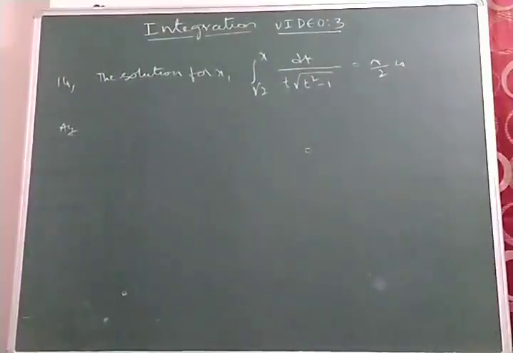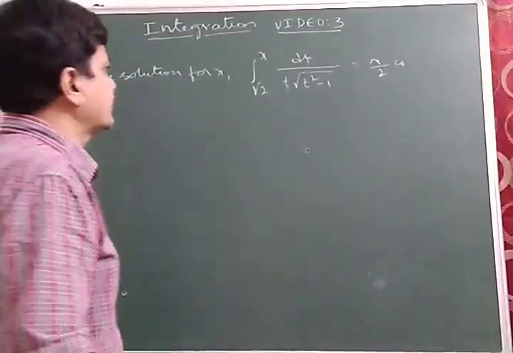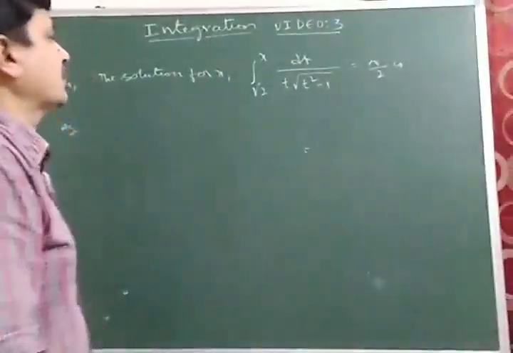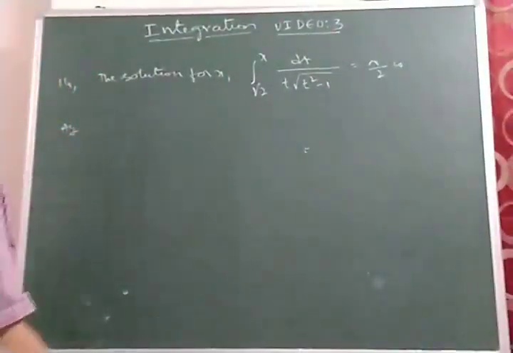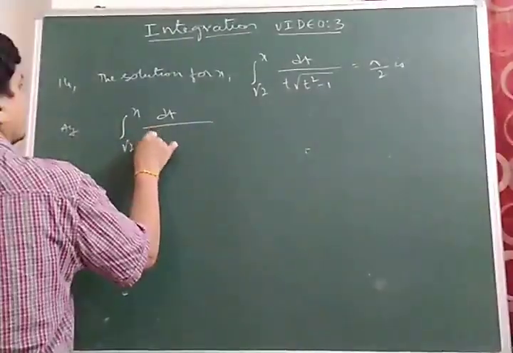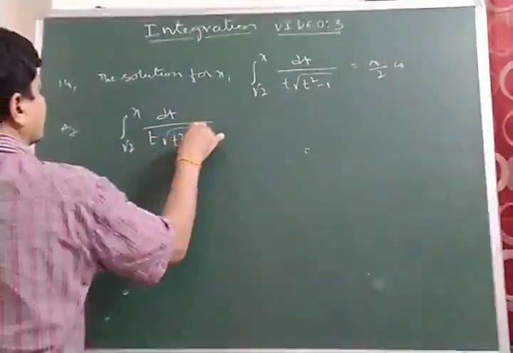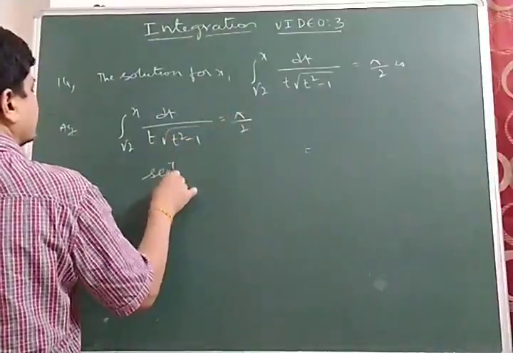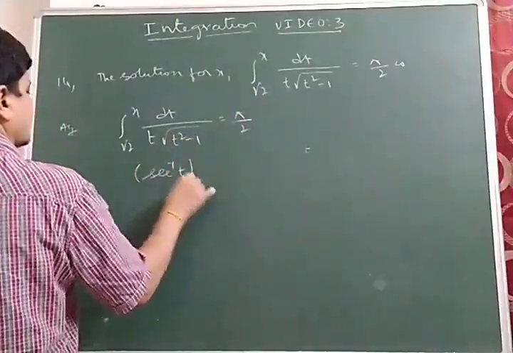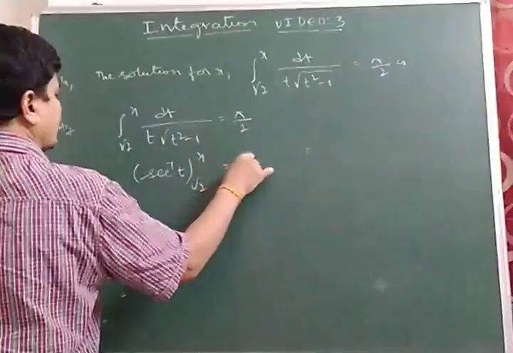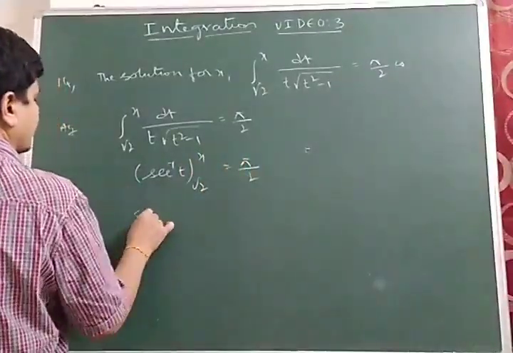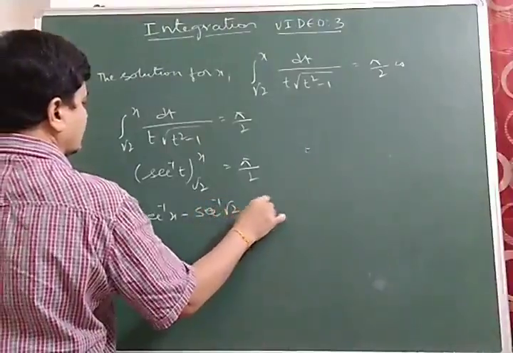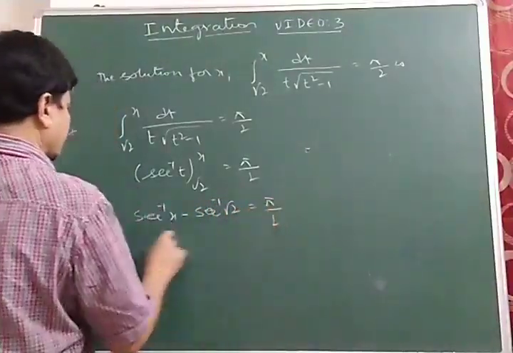Find the solution for x: integral root 2 to x dt by t into root of t square minus 1 is equal to pi by 2. This is secant inverse t from root 2 to x is equal to pi by 2. Now this is secant inverse x minus secant inverse root 2 is equal to pi by 2.